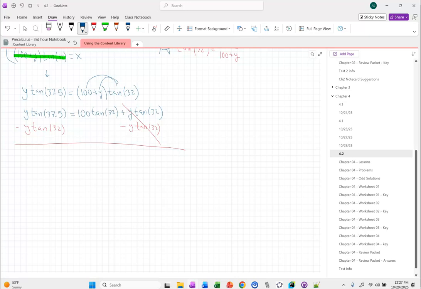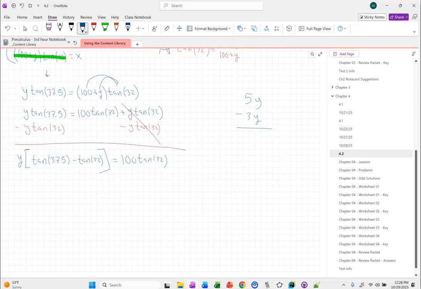Would it be y tan 37.5 minus 3? Wait, why is the y still there? Okay, so if I did 5y minus 3y, what do we get? 2y.